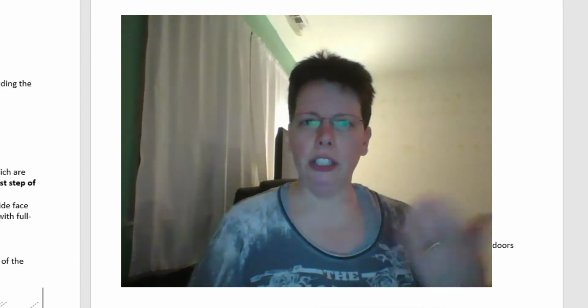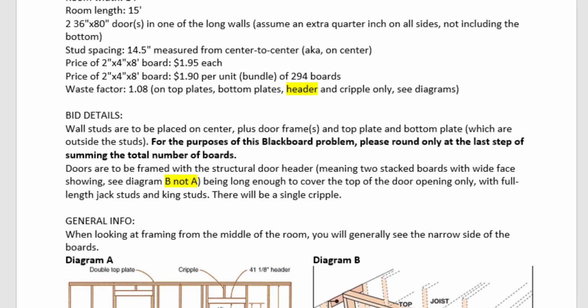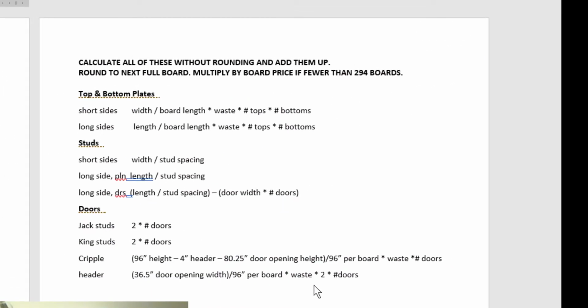I have added here in bold, for the purposes of this Blackboard problem, please round only at the last step of summing the total number of boards. So in essence, you are going to be rounding up, because you can't have a partial board.